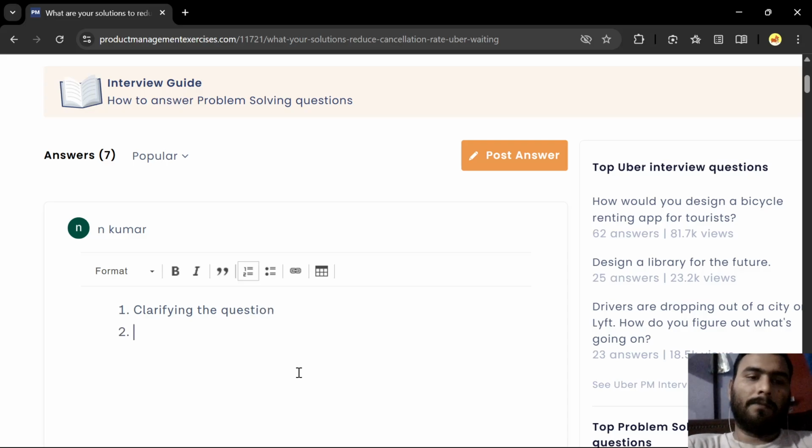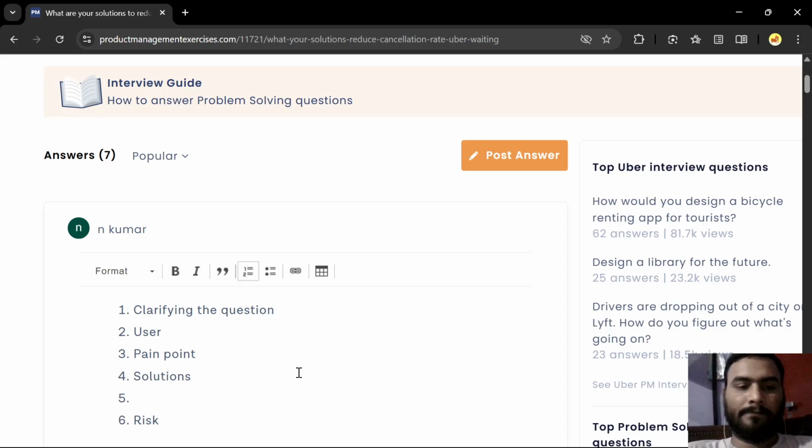Then we will think about the user, who is the user, and then comes the pain point, and after that comes the solutions, risk associated with it, and before that we can think about some of the success metrics. I think I've added one more success metrics for this.